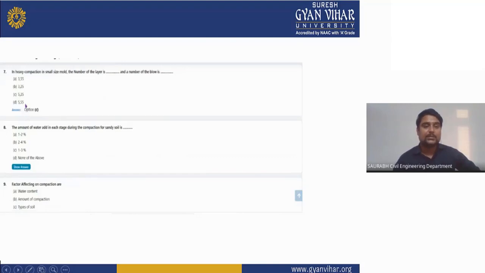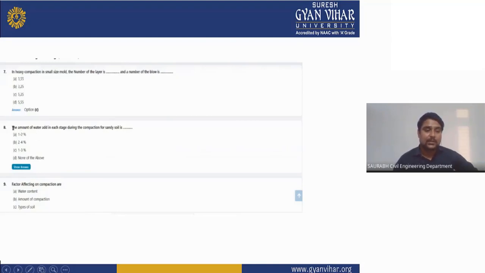So here the right answer will be 5 into 25, which means the number of layers will be 3 and the number of blows will be 25. So your right answer will be C. This is also a very important question, and you need to remember what will be the number of layers in the heavy compaction and what will be the number of blows here.